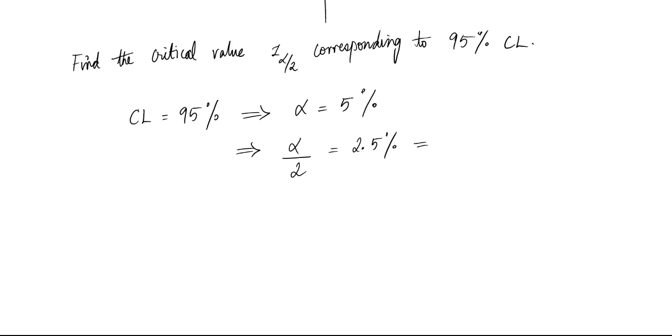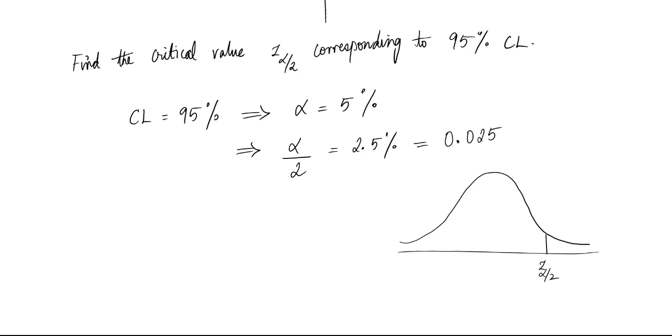But remember, if you're looking at the table or if you're using technology, you have to write this in decimal form. So that has to be 0.025. Okay. Now, if I were to again shade this, remember my z alpha over 2 is only for the right tail.